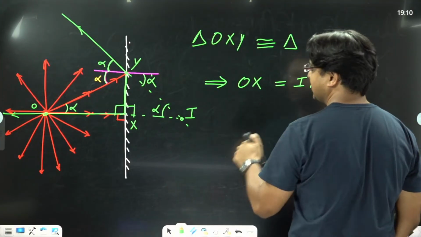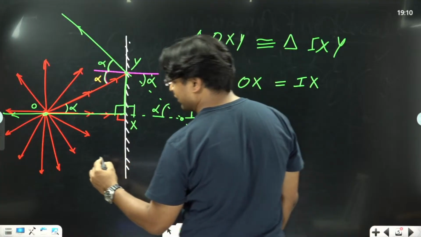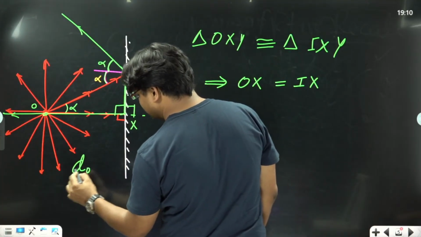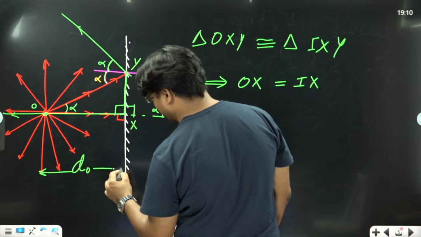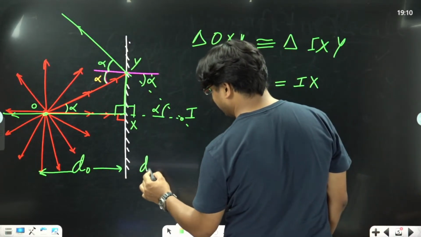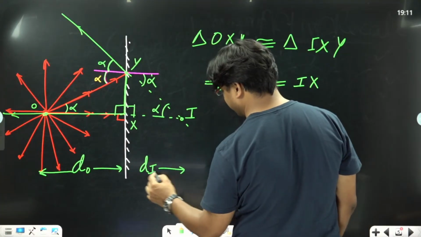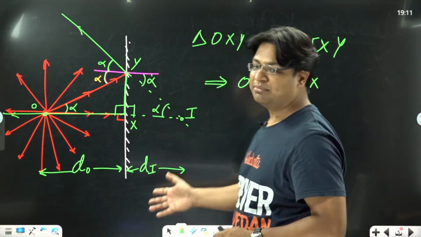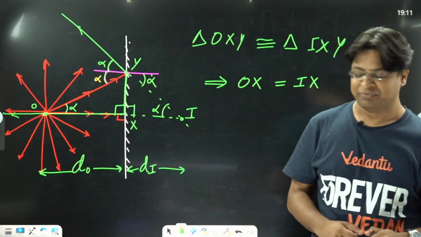So we can now conclude that the perpendicular distance of the object from the mirror and the perpendicular distance of the image from the mirror are the same. They don't look the same in my figure, but they are the same.